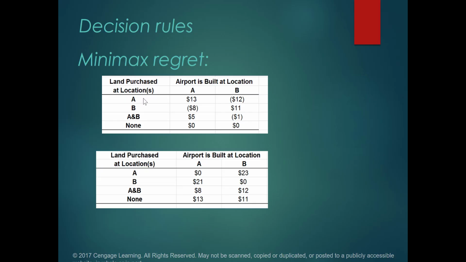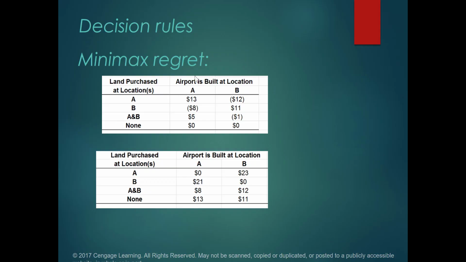So when we pick alternative A as the location and that state of the nature happens, then we are getting $13. So there is no regret for picking this location. But let's say if I pick B, then I'm losing $13 and also minus $8. So we add this together, it becomes $21. So this is the amount of the regret that we get.